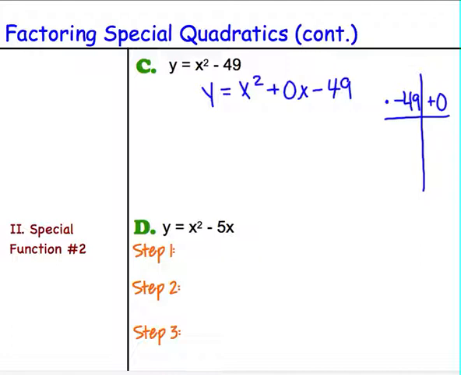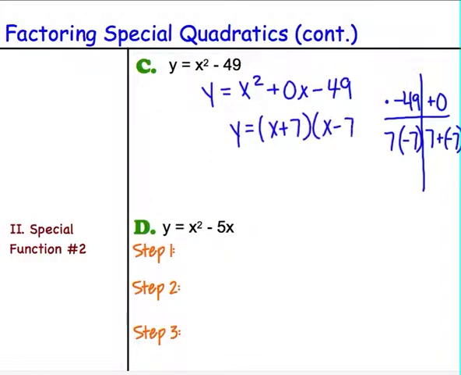Right away I know 7 times 7 is 49, so I'm going to use 7 times negative 7 because we need negative 49, and 7 plus negative 7 does give me 0. So when I factor this out, I get y equals x plus 7 and x minus 7.